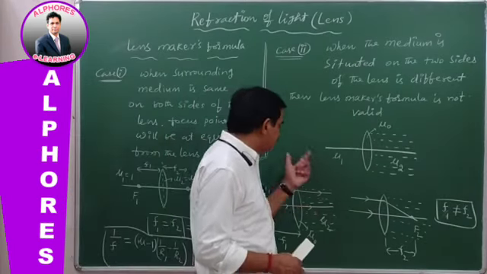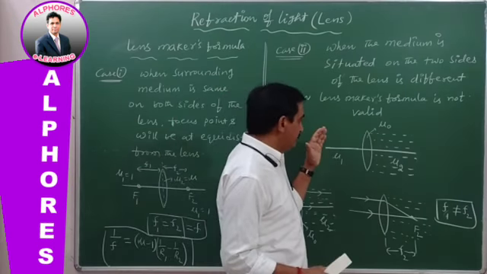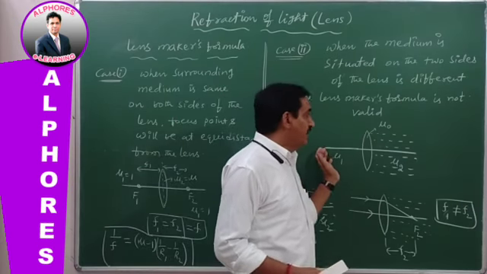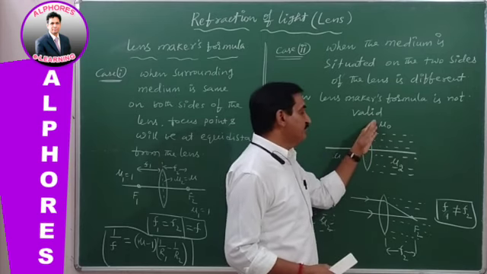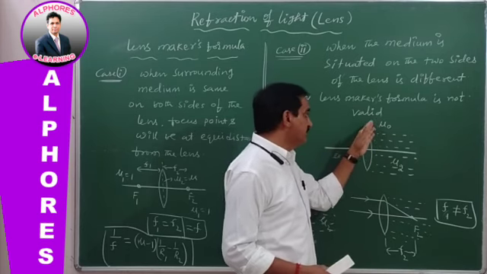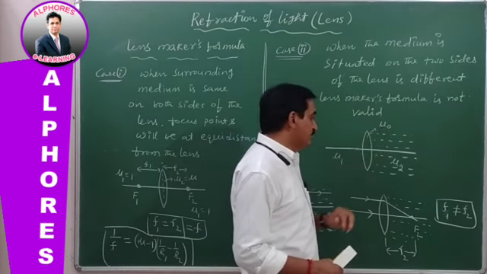They are different. See here, the refractive index of the leftmost medium is mu1, on the right side of the lens it is mu2, and the refractive index of the material of the lens is mu0. Now, two different media on both sides.